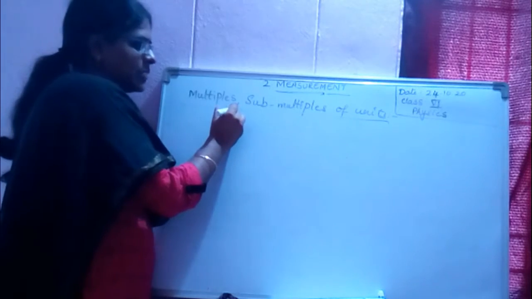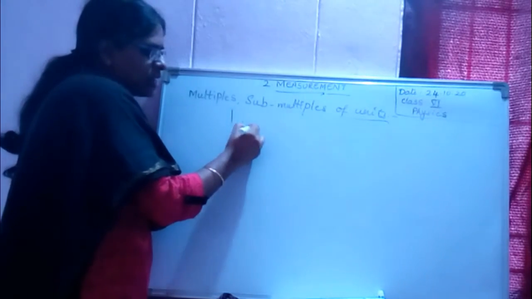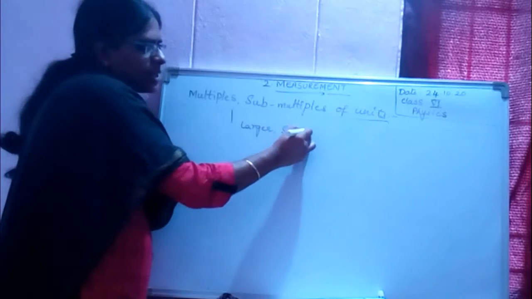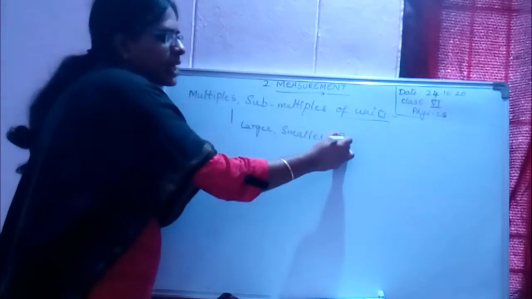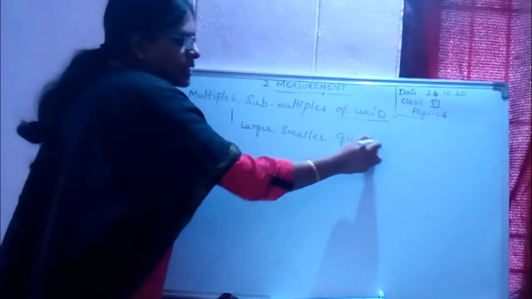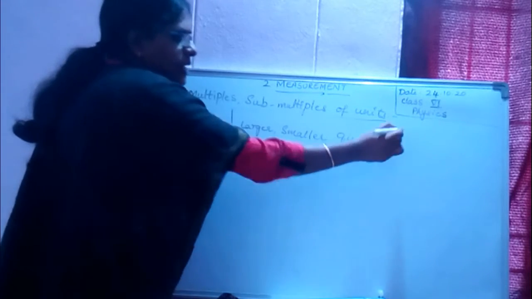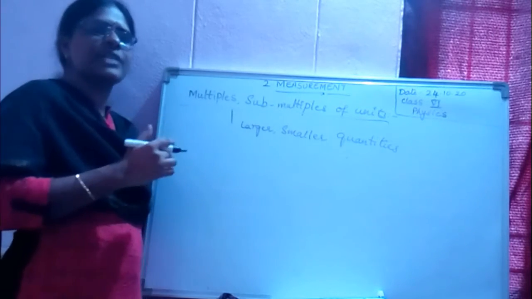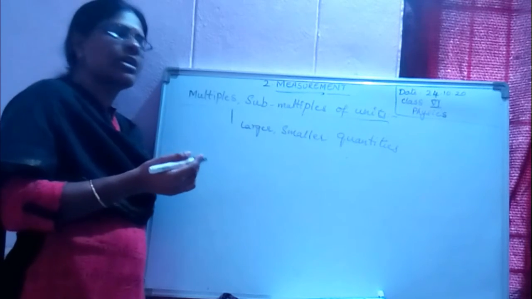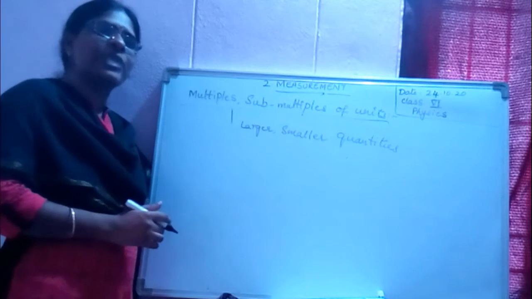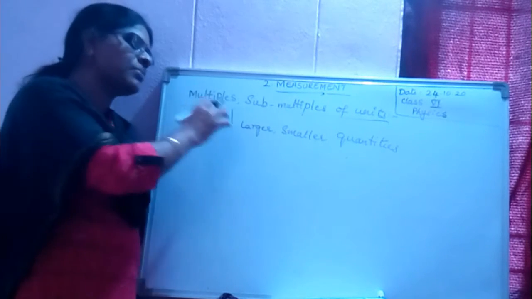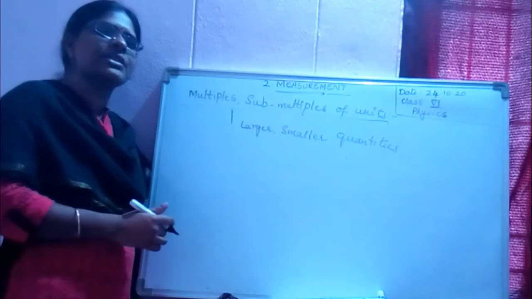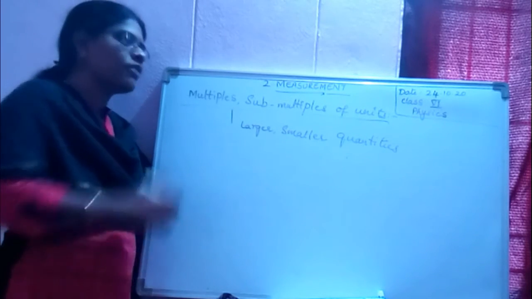Multiples and submultiples are larger and smaller quantities. We will be using them to measure either larger or smaller quantities of units.